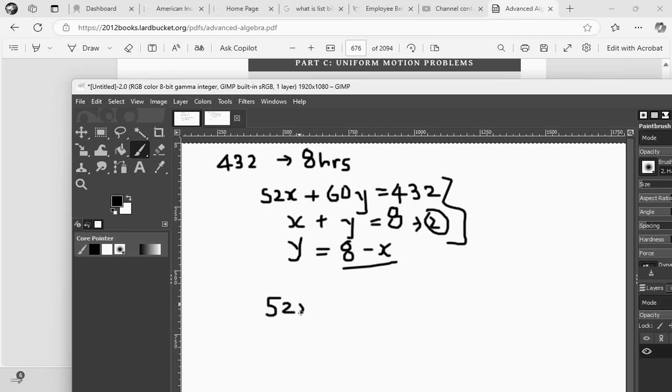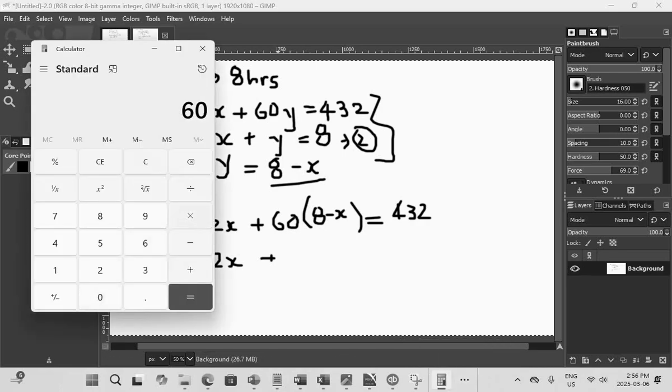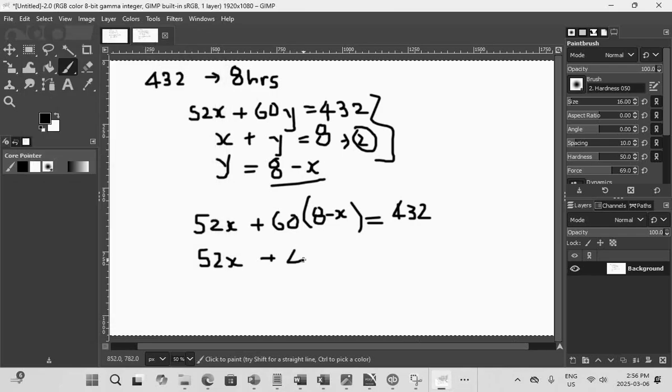So 52x plus 60 into 8 minus x equals 432. Now you have 52x plus 60 into 8, which is 480, minus 60x, equals 432.